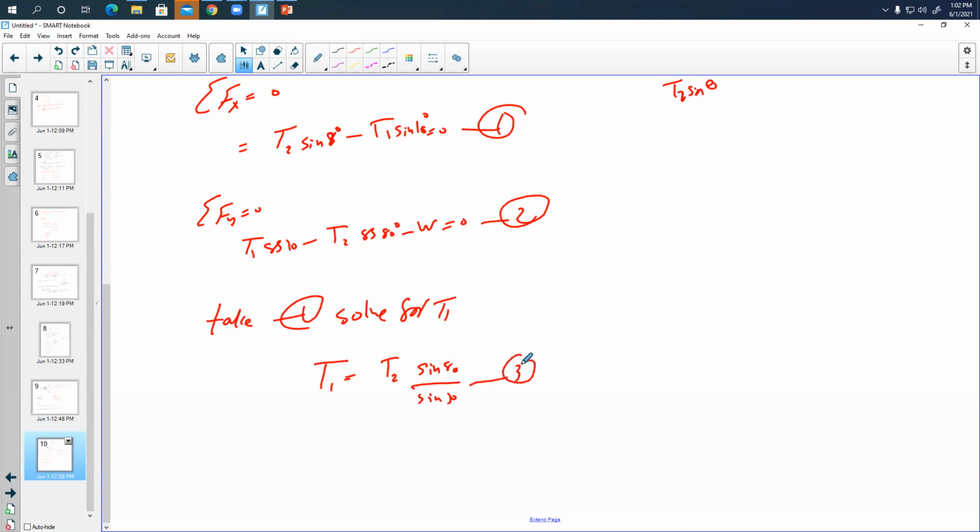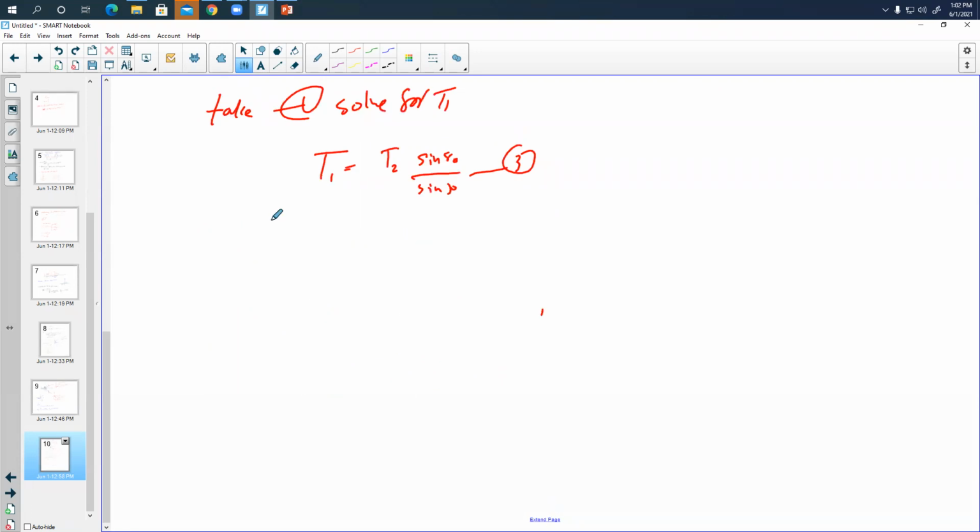Let's call that equation 3. Now we're going to substitute equation 3 into equation 2.